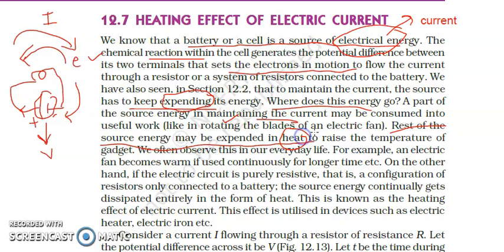Whatever extra energy is left after giving the current, so that the bulb, fan, tube light or any electrical appliance could be lit up, is converted into heat, which is used up in raising the temperature of the gadget.